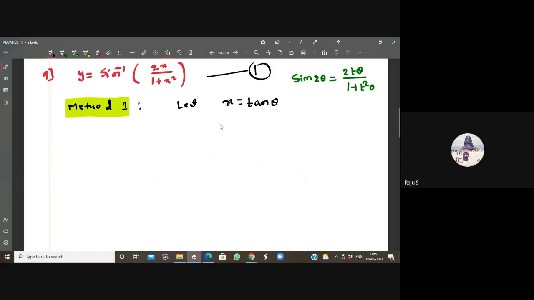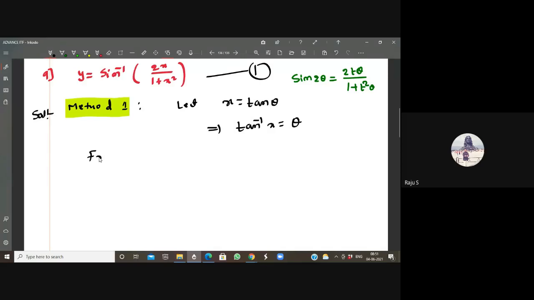When I consider x as tan theta, which implies tan inverse x is equal to theta. Am I right? Okay, this is fine. Now in place of x, I substitute tan theta.